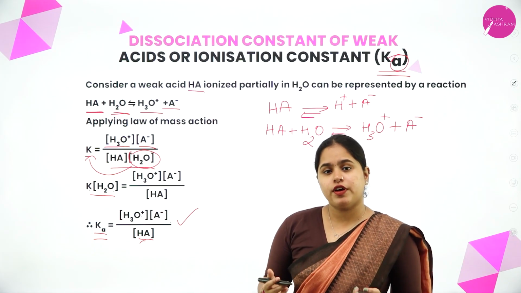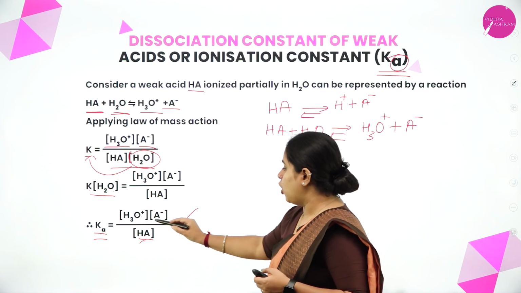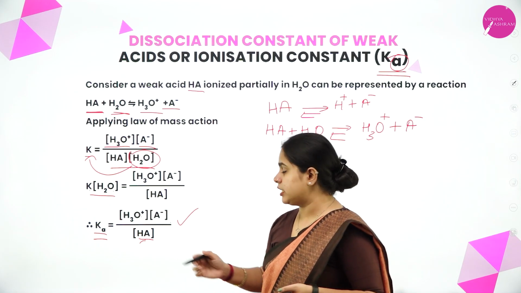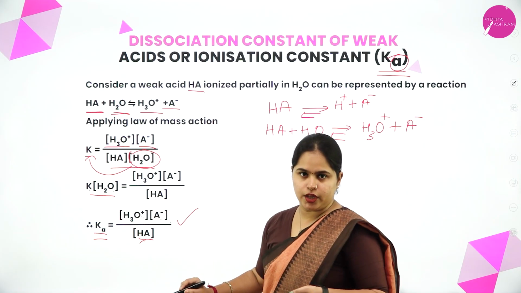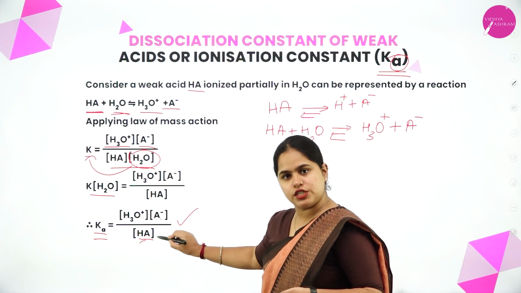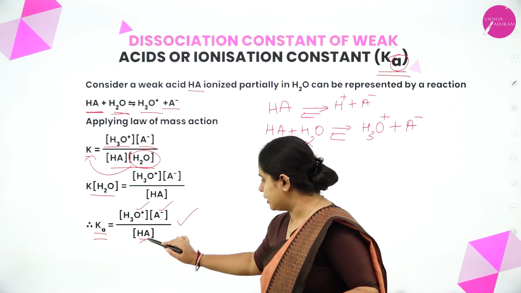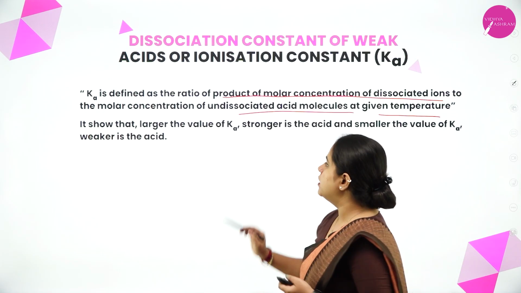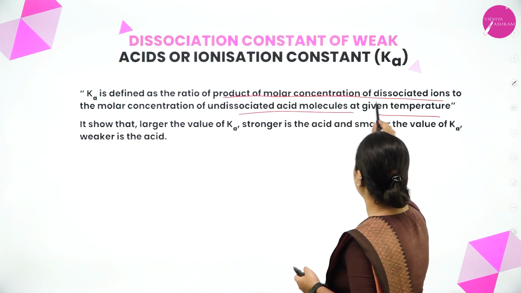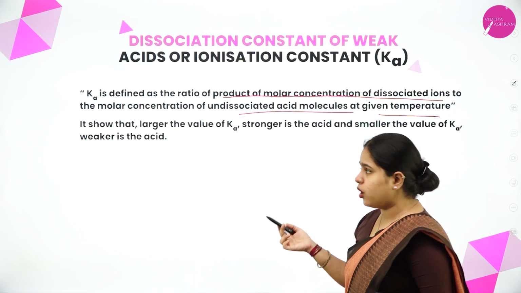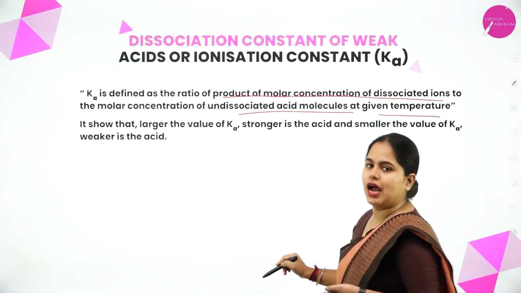So we can also define it as the ratio of the molar concentration of the dissociated ions to the molar concentration of the undissociated acid. These are dissociated, and this is the one which is undissociated. So it is a ratio of the product of molar concentration of dissociated ions to the undissociated acid molecules.